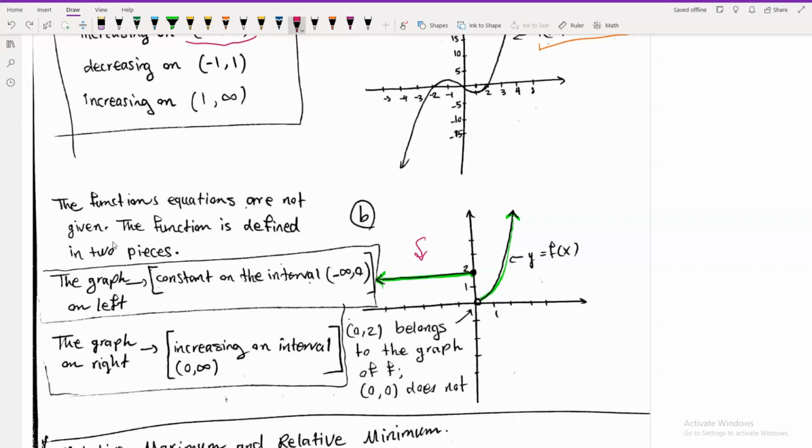And the graph that we have on the right side is increasing, starting from this point, 0. But it's not equal to 0 because this is an open circle. That's why here we have parentheses. It's not a bracket. So it's from 0 to positive infinity.